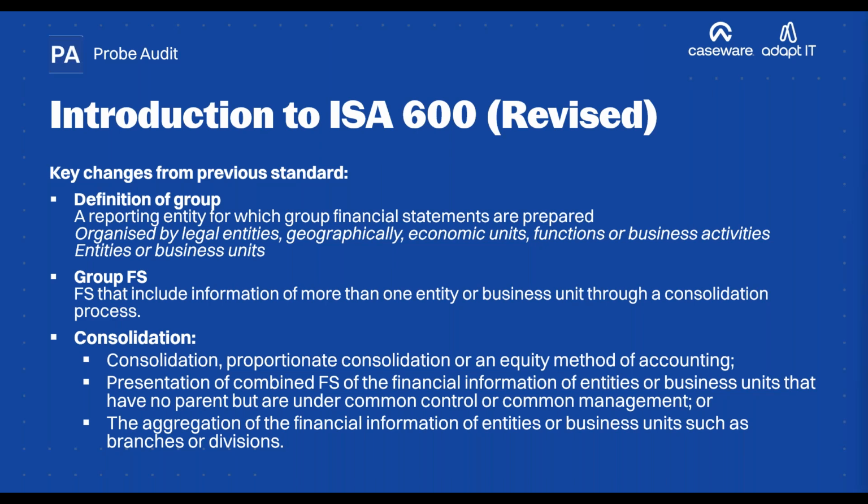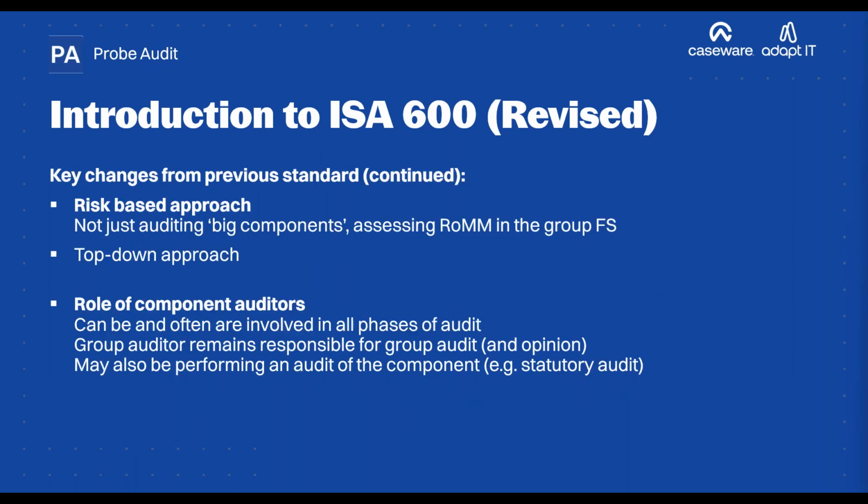And then lastly, where we don't necessarily have different legal entities but different business units, possibly things like branches, the aggregation of the financial information of the different entities or business units is done, such as, for example, the branches or divisions. So there's a consolidation process through which we aggregate all the information that is kept separately in the different business units, or branches. All right, so those are some key terms, but also key changes from the previous standard.